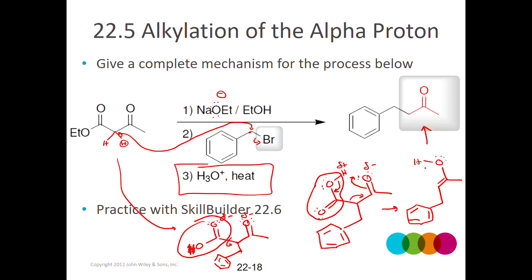And under acidic conditions, it's a two-step process. This oxygen would have to swing electrons down, and this would pick up a proton from H3O plus. That would basically give the product with still a proton here on the oxygen. And so then a water would pick that off, and you would end up then with the ketone. So you definitely want to practice these mechanisms. They're not trivial.